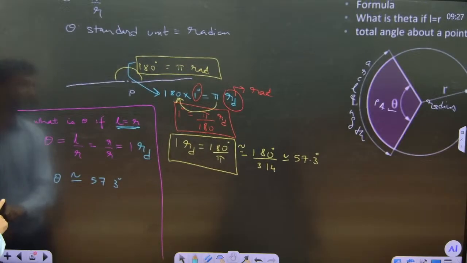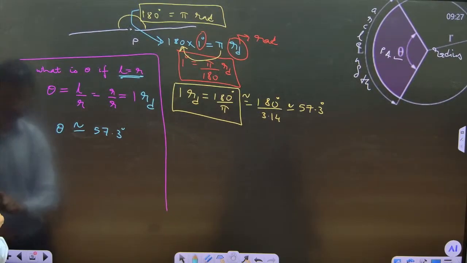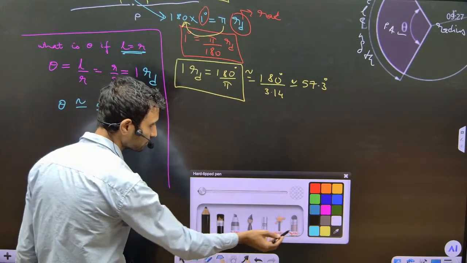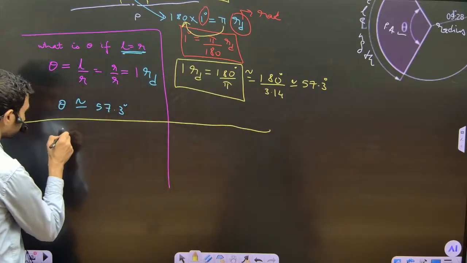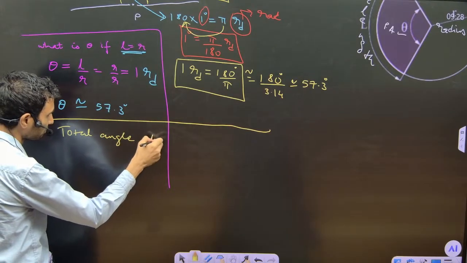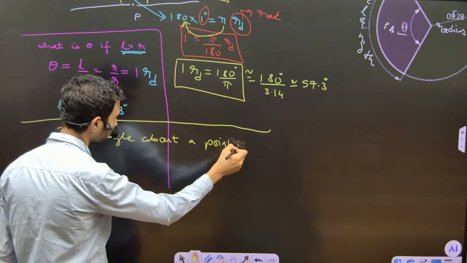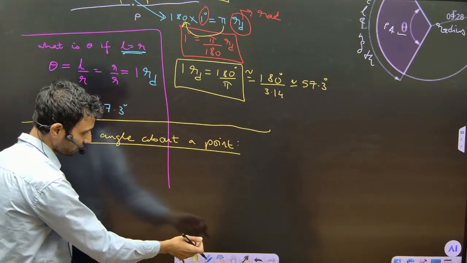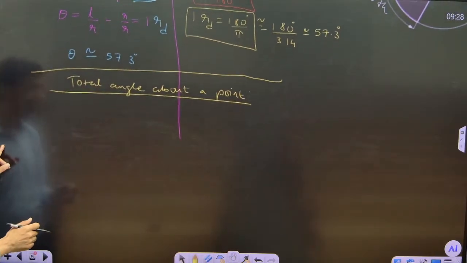So let's take down the last part, which is total angle about a point. Let me see how many of you can guess it.